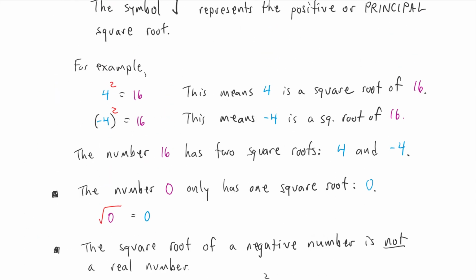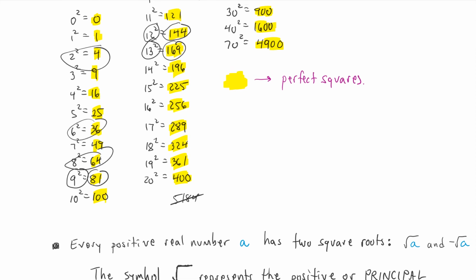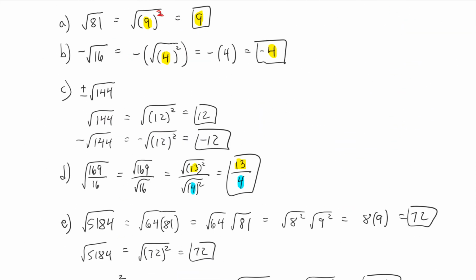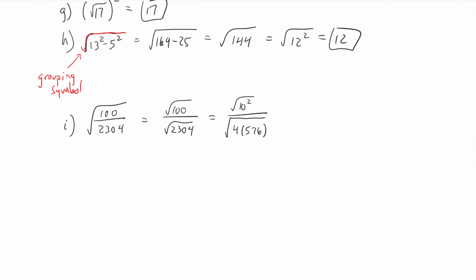Well, 576 is not one of the perfect squares you're supposed to recognize, which is okay. Let's keep going. So the top is 10. Since 576 is not one of the perfect squares that we recognize, we could maybe divide it by some of those other perfect squares. It turns out if you divide it by 9, you get 64.